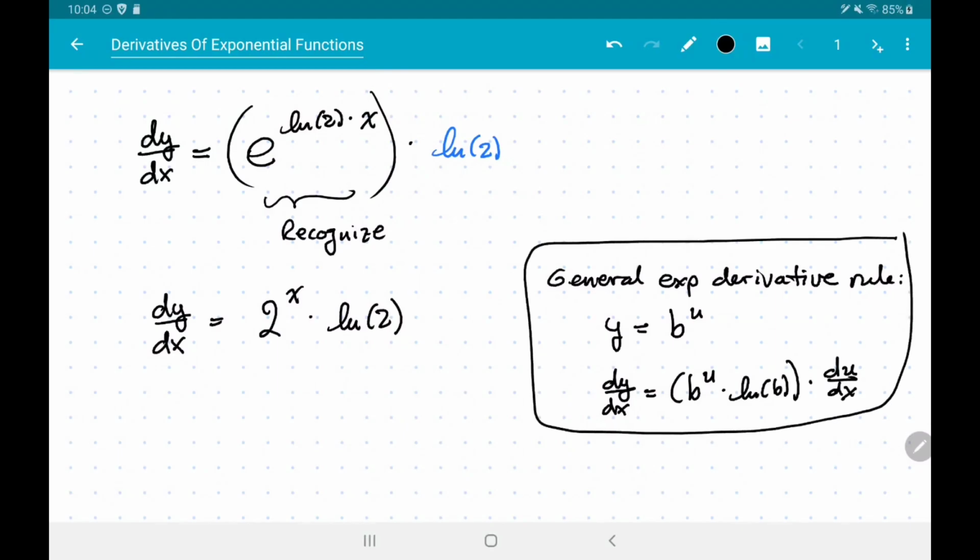Sometimes you'll see that in tables with derivative formulas and sometimes not. This is the reason that e is the natural base to use. It's because if you try this with e for the base, ln of e is 1. And so this part doesn't come into play, it's just 1, and we don't even normally write times 1. So there you go. That is the derivative of 2 to the x.